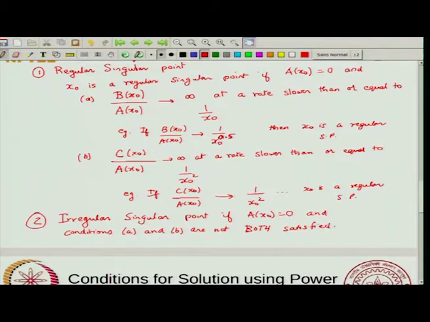Both A and B have to be satisfied to be a regular singular point. If either of them or both are not satisfied, then it is an irregular singular point. So there are these two kinds of singular points.